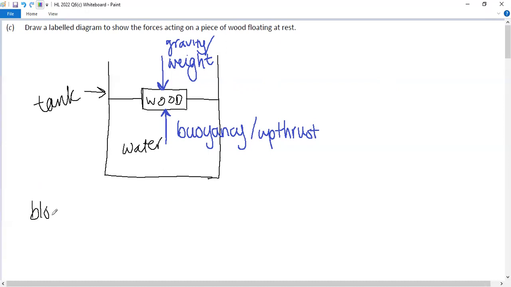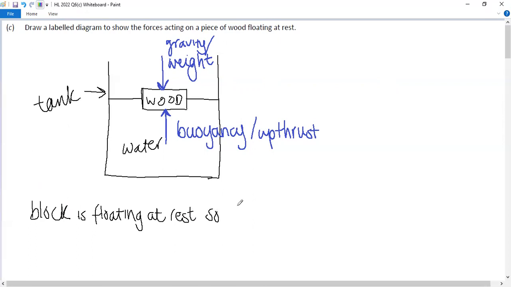Now again, remember all these questions are 7-mark questions. The block is floating at rest. Now I'm just copying what the question said first, so you're not really getting anything for that. I'm just talking to my examiners, and the block is floating at rest.